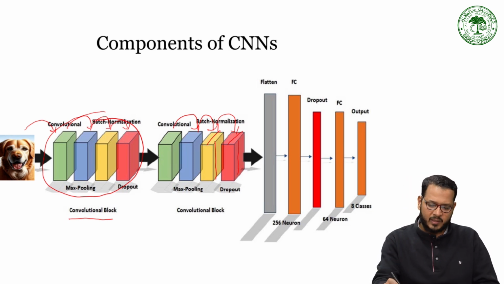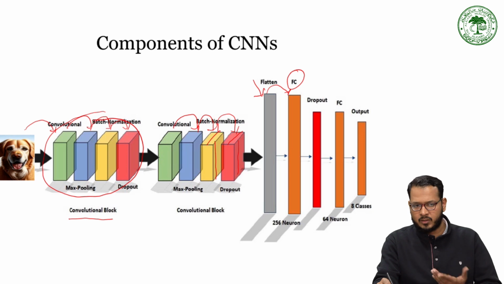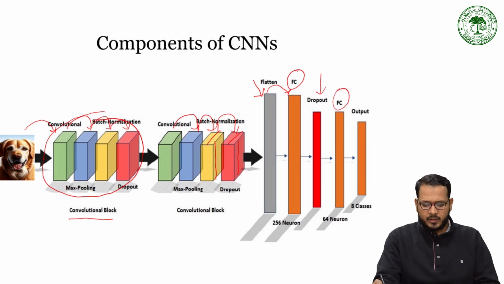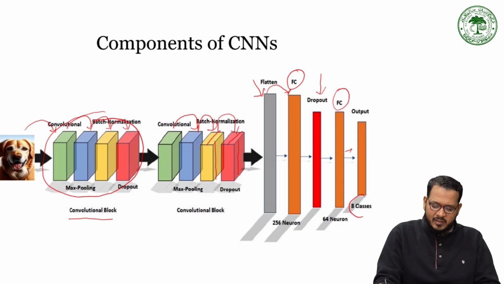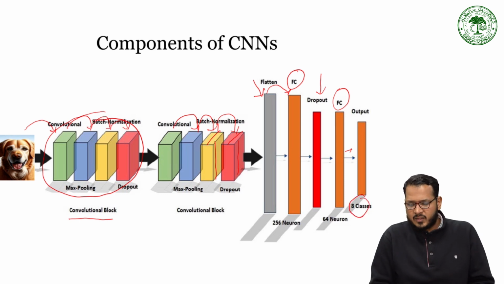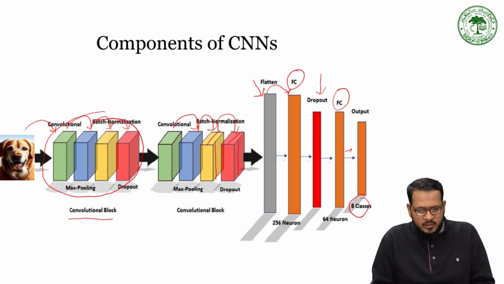So first we apply the flattening operation, and then its input is supplied to the fully connected layer, or what we call the dense layer. We further apply some dropout operation, and then one more fully connected layer, and finally it goes to the output. Remember, here the output has 8 classes, so it is a multi-class classification problem architecture.